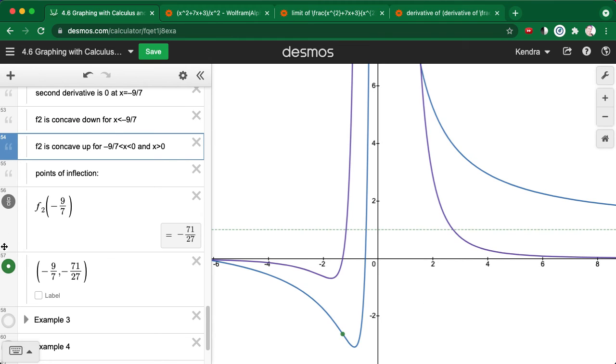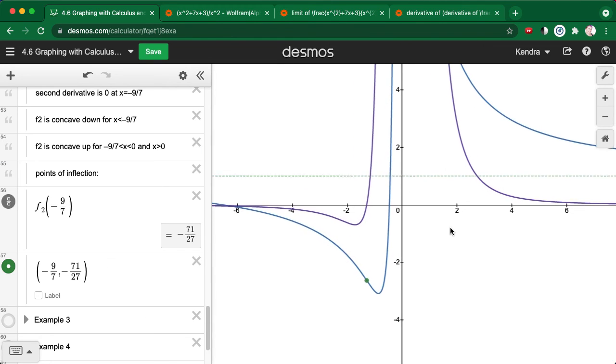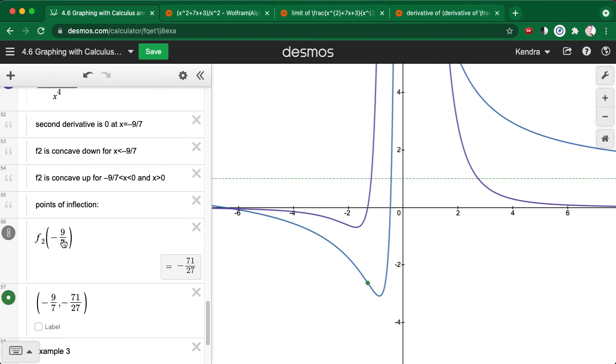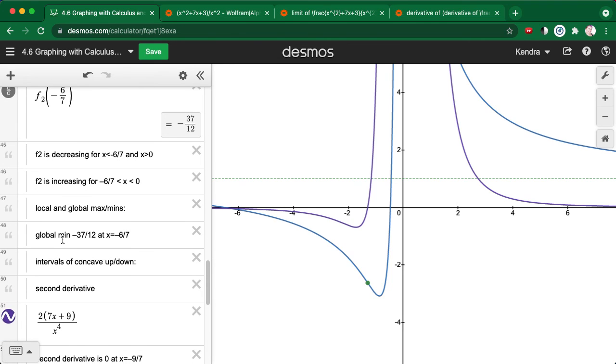All of the key information for this graph can be found here.